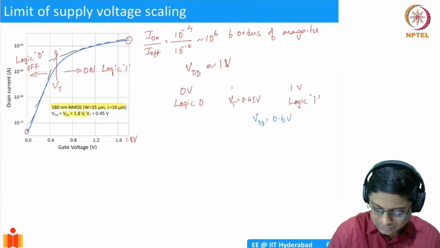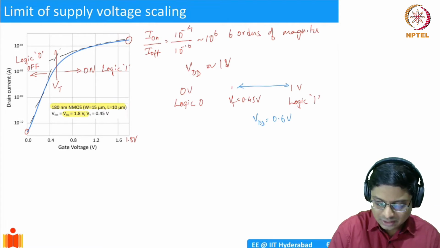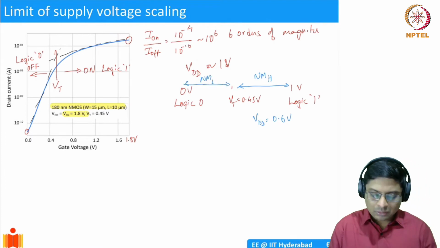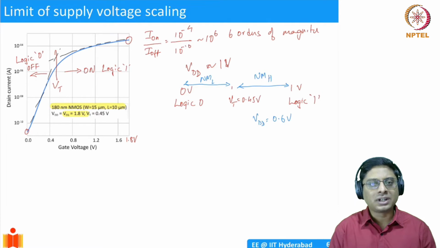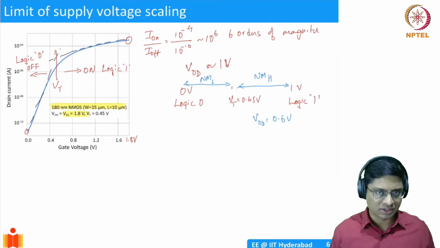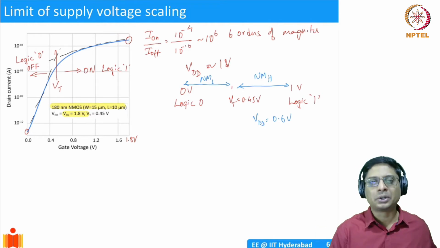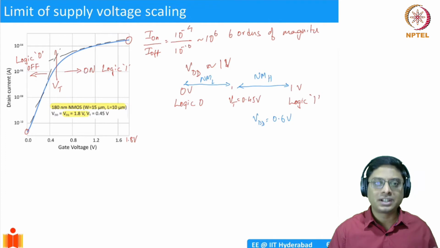In the previous case, when it was 1 volt, this is my noise margin high, NMH, and this is my noise margin low. My low side will have about 0.4 noise margin, and on the high side I have 0.55 or so. I have sufficiently large margin. So even if the 1 is not truly 1, and instead it is 0.8 or 0.7, still it will be considered logic high.